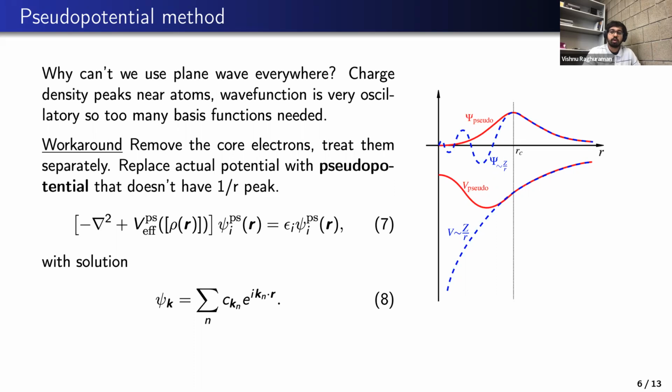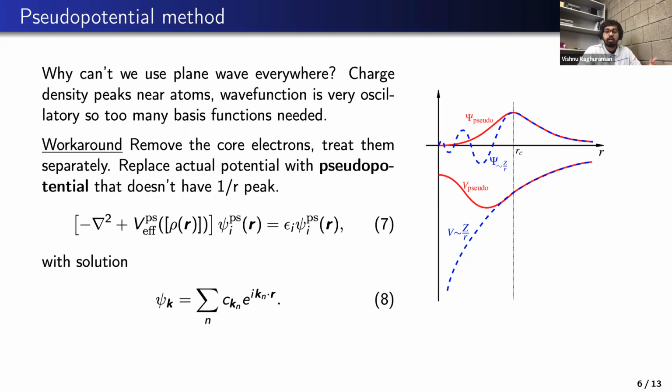When you use the code, it only solves for the valence states. In that case, you get rid of your oscillatory function problem and the core electron problems, and then you can use a plane wave basis everywhere. The number of plane waves needed is also not too much. The popular code that uses this, of course, is VASP.